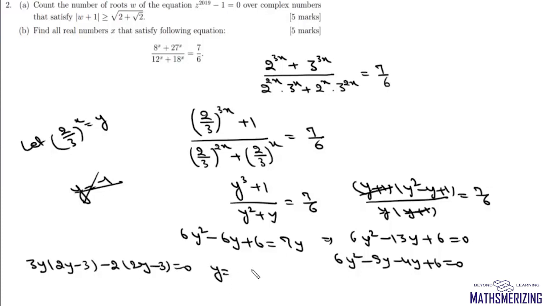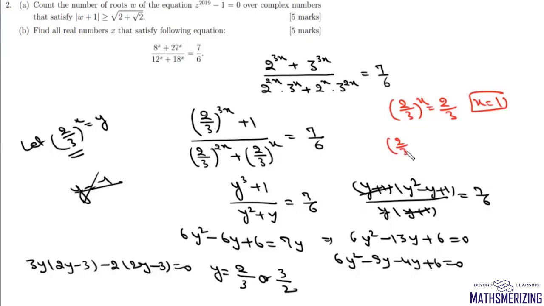So the value of y is either 2 by 3 or 3 by 2. Now we'll put the value of y. If y is 2 by 3, then 2 by 3 to the power x equals 2 by 3, in which case x is 1. And if 2 by 3 to the power x is 3 by 2, it'll simply be 2 by 3 to the power minus 1, and then x will be minus 1. So the answer to this question is x equals plus or minus 1.